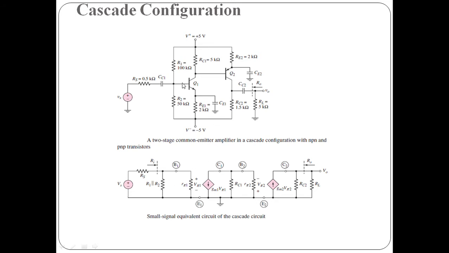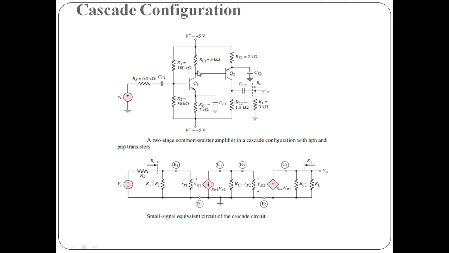Next we are going to replace the transistor by its small signal parameters. Let us consider the transistor Q1, where the base 1 and the emitter 1 of the transistor Q1 are replaced by the small signal parameter R pi 1, and the voltage across R pi 1 is written as V pi 1.